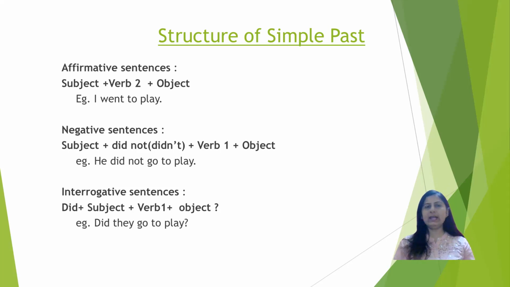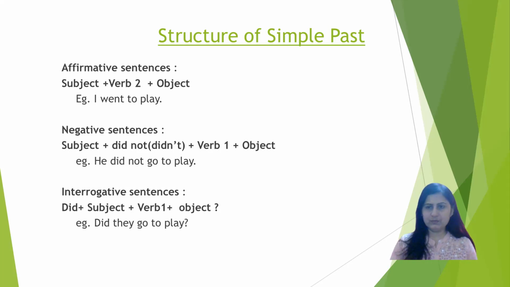Now in case of negative sentences, after the subject we will add did not or didn't. Didn't is the short form, and after that the verb's first form, not the second one. If we have used did not, we will use the verb's first form and then the object. Like, he did not go to play.